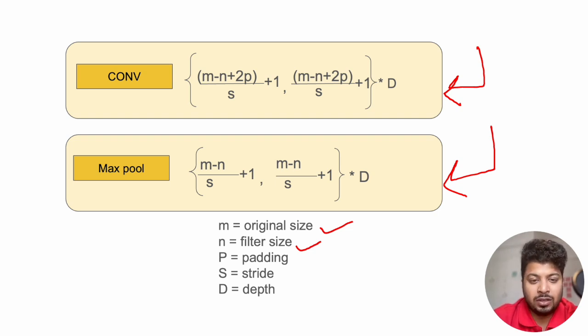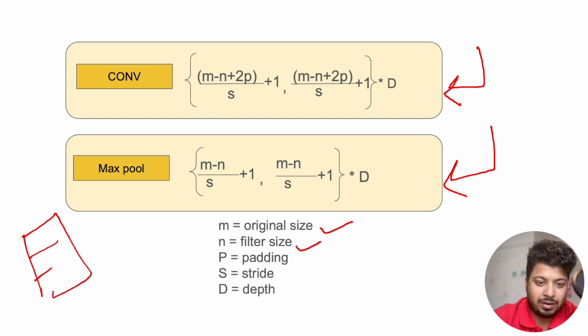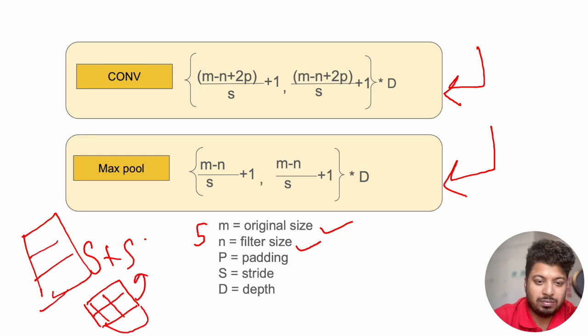This is the depth. For example, in the earlier example, I have a matrix of 5 cross 5 shape. So this would be the original shape of the image, which is M. So M here is 5. Let me write it down here. And if we are applying a kernel of 3 cross 3 on top of this matrix, our N is 3, padding is 0, stride is 1, and depth is 1 as well.